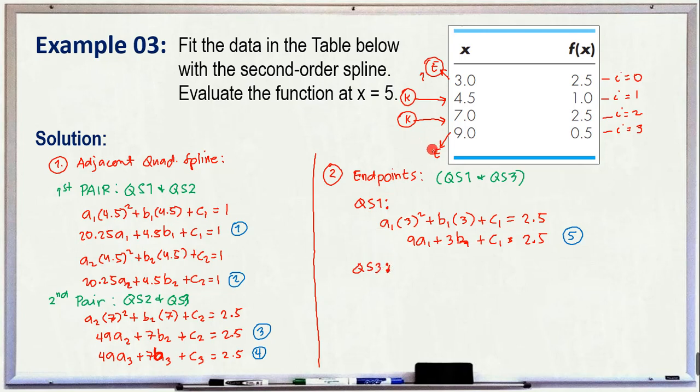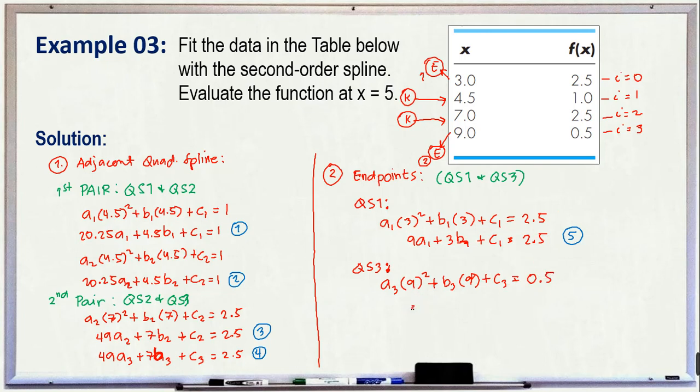For the sixth equation, quadratic spline number 3 passes through the last endpoint. Its representation is a sub 3 times the x value of the second endpoint, which is 9, squared, plus b sub 3 times 9 plus c sub 3 equals 0.5.